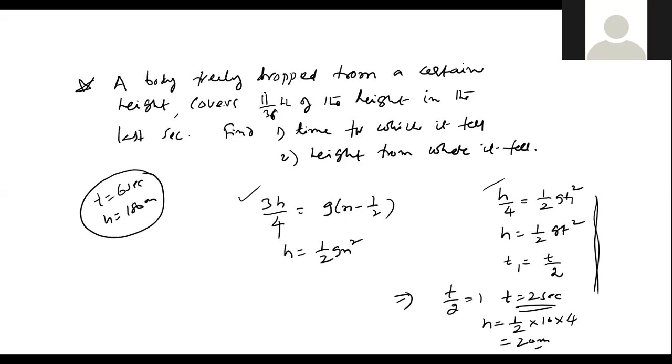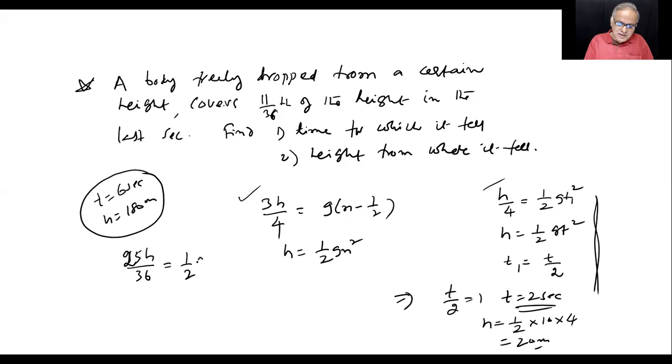How much is that? 15H by 36. Sir, that is 25H by 36. Right. 25H by 36 is equal to 1 by 2 GT1 square.